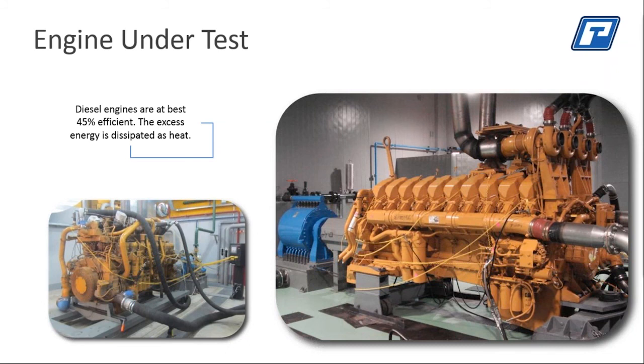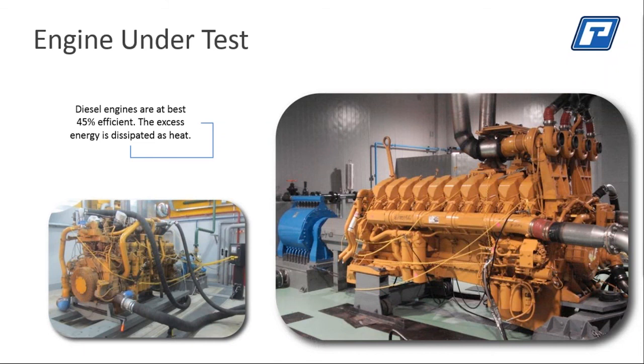The balance of the power created is really burned up in heat. If I look at diesel engines right now, diesel engines at the best case are about 45% efficient. In other words, 55% of the power or energy created by that engine is being dissipated as heat in some way, shape, or form. In the same vein, if you look at a petroleum-based engine, in the best case, we're dealing with about 30% efficiency for the system.